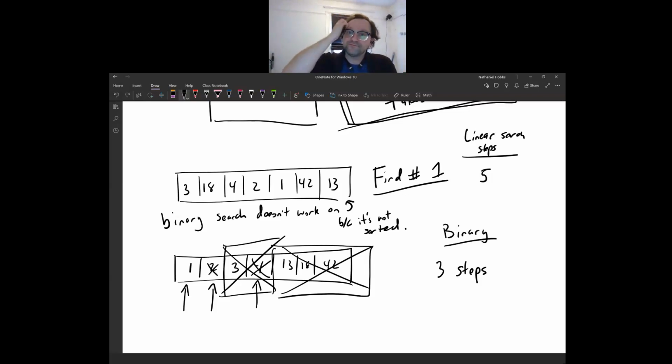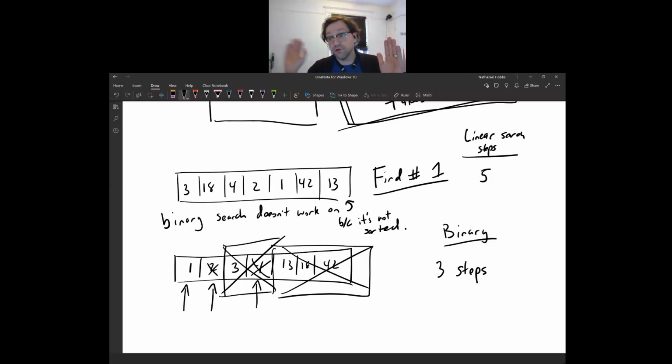So it wouldn't be a reliable algorithm anymore. If the list is unsorted, then don't bother using a binary search. There's no guarantee of it working. In fact, it very likely won't work, most of the time.